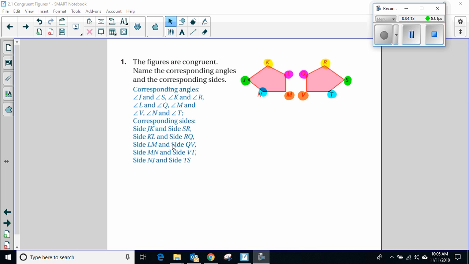The corresponding angles would be J and angle S, angle K and angle R, angle L and angle Q, angle M and angle V, and angle N and angle T. The corresponding sides, or the matching sides, would be side JK and side SR, side KL and side RQ, side LM and side QV, side MN and side VT, and lastly side NJ and side TS. So go ahead and make any corrections to the work that you had.